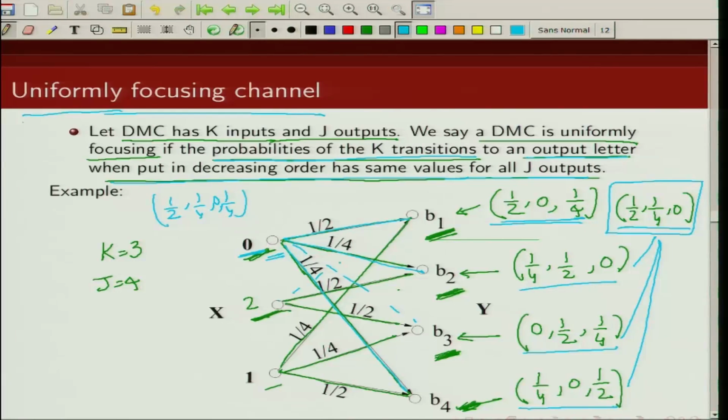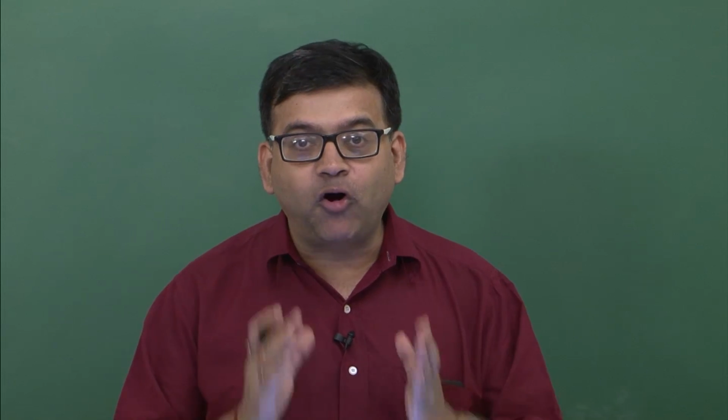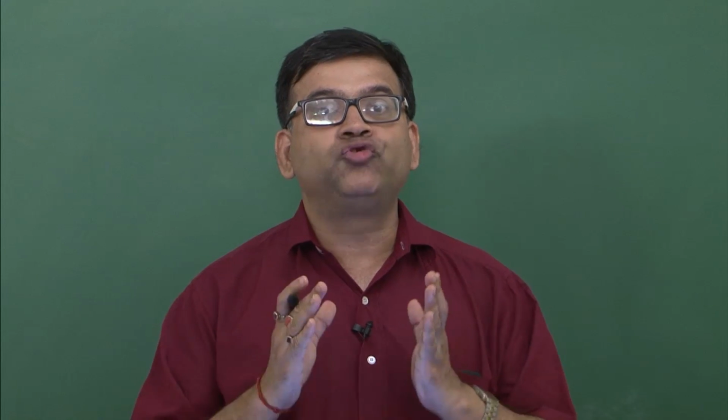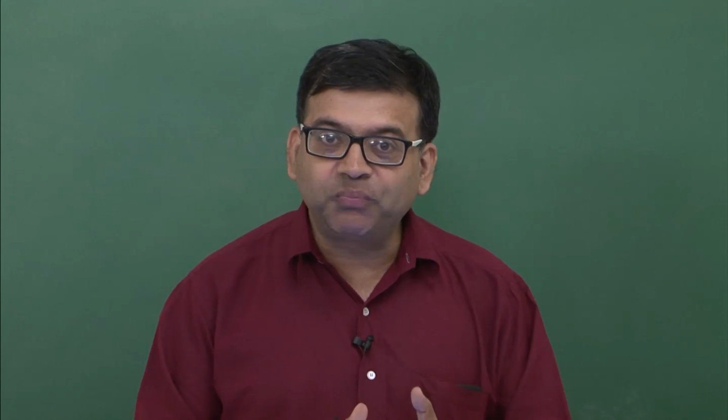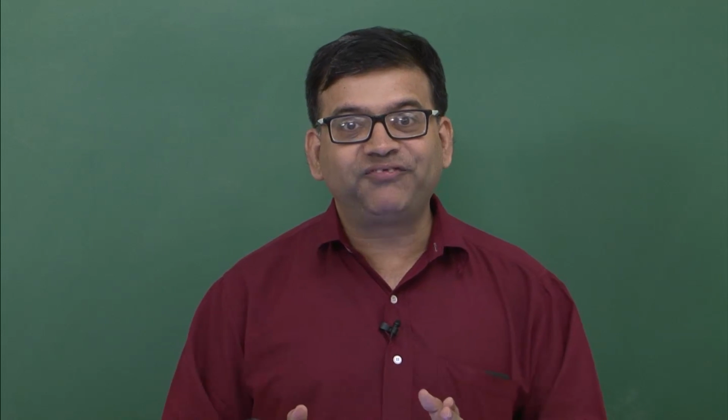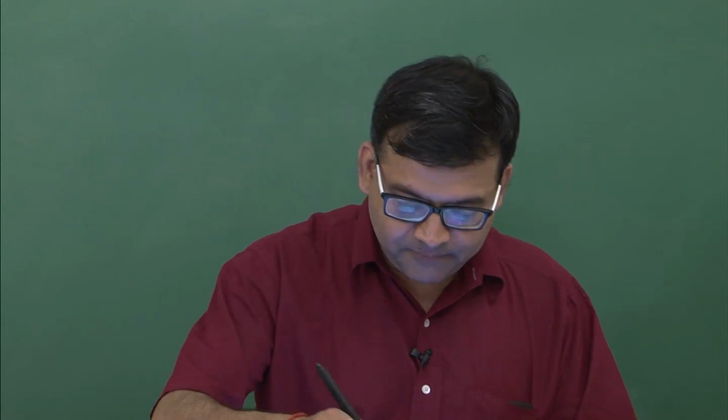For this one, they are 0, 0, half, and 0. Clearly, if I arrange these probabilities in descending order, they are not the same. So this is an example of a uniformly focusing channel, but it is not a uniformly dispersive channel. I hope the difference between a uniformly focusing channel and a uniformly dispersive channel is clear.